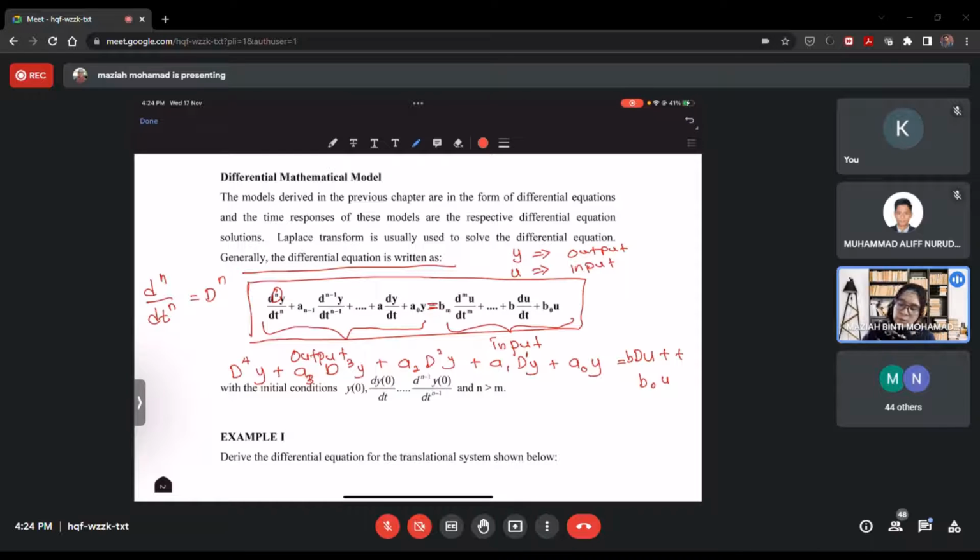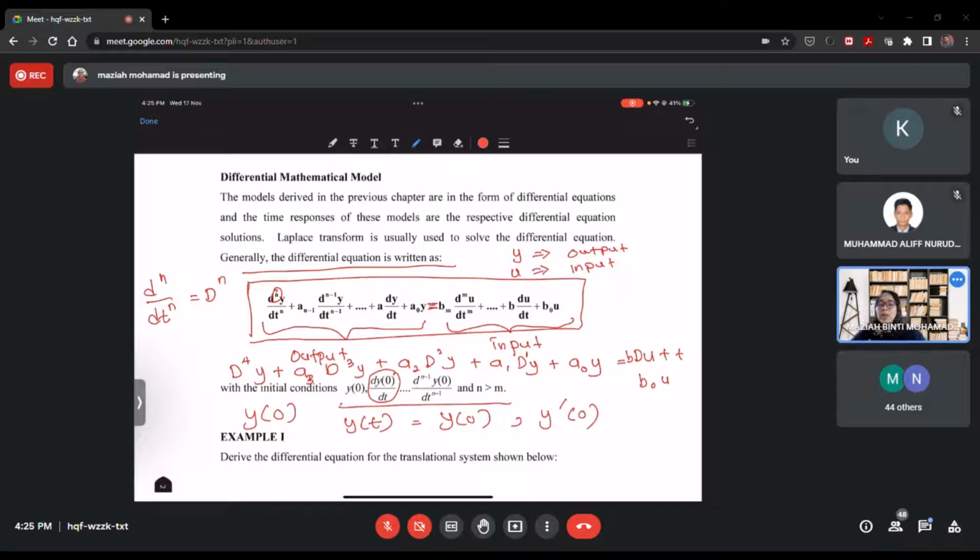And then of course we're going to have initial conditions. Any term that contains t equal to 0: since the function is y(t), at t equal to 0 we write y(0). This is the initial condition at t equal to 0. You may also have y prime (0), which represents dy over dt.